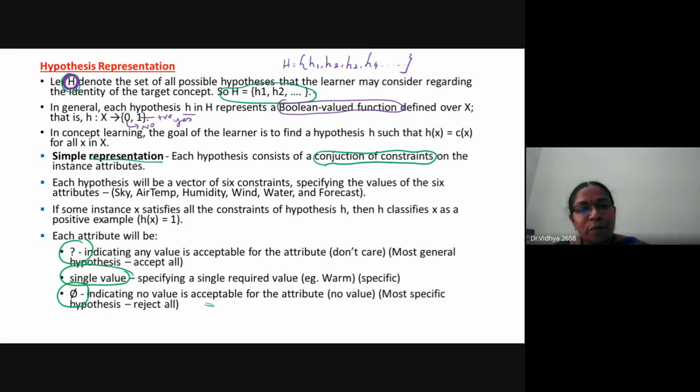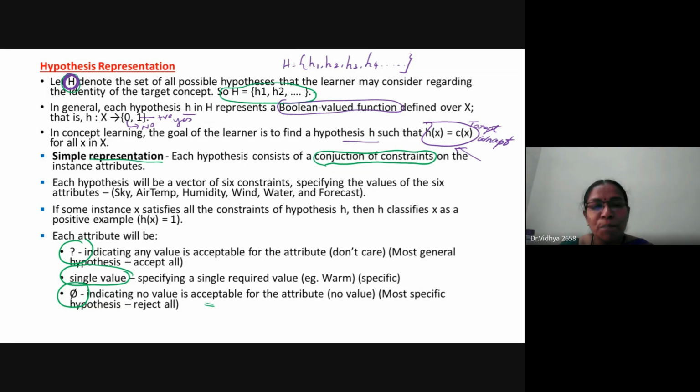Then in concept learning, the goal of the learner is to find a hypothesis h such that h(x) should be equal to c(x) for all instances. We have seen that c(x) is the target concept, right? So the hypothesis we are writing should be the same as the target concept. That means the hypothesis we are developing should be very much supportive of the target.